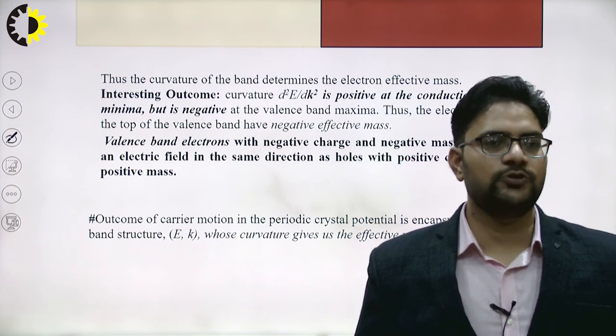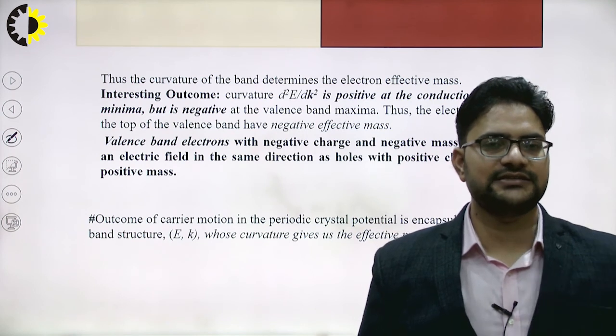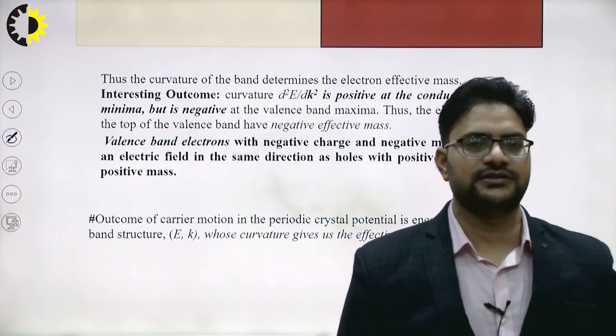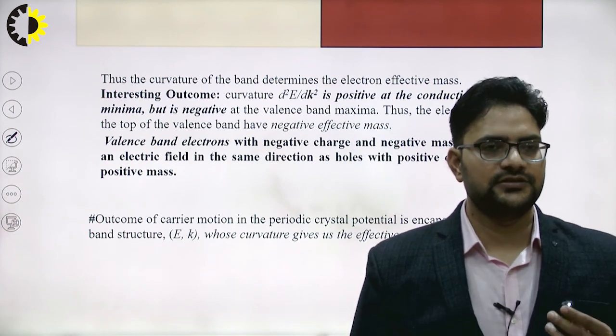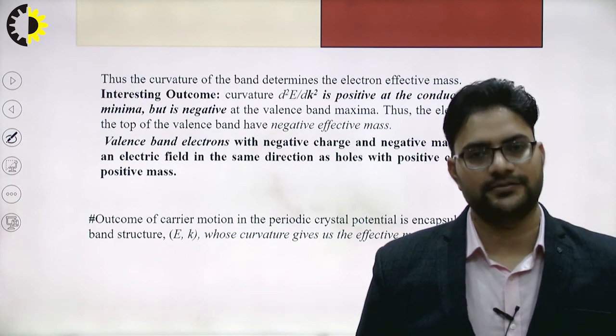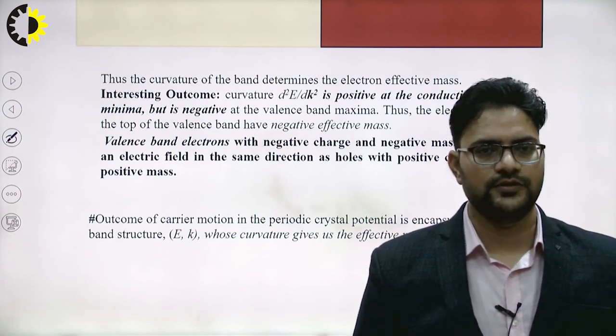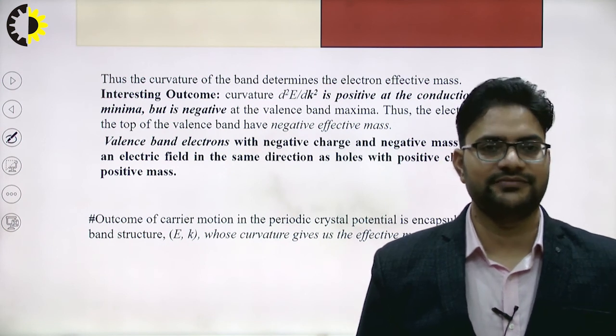The interesting outcome is that d2E upon dk square is positive at the conduction band minima, and it is negative at the valence band maxima.